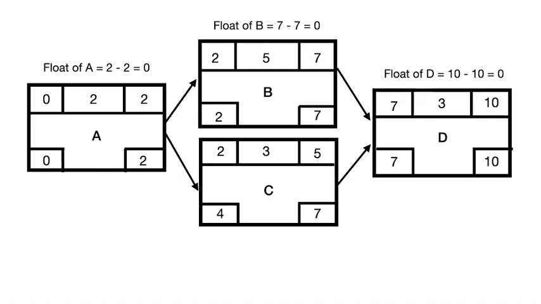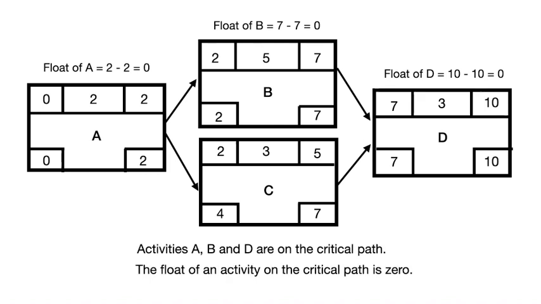If you look closely, you can realize that activities A, B are on the critical path. It's hence important for you to understand that the float of an activity on the critical path is 0. That's because none of the activities on a critical path could be delayed. If we delayed any of the activities on the critical path, the project would get delayed.